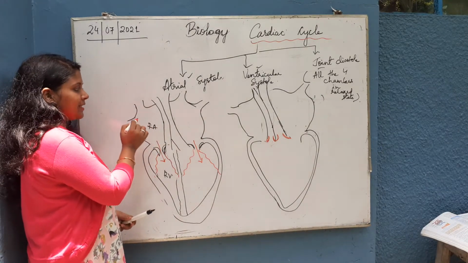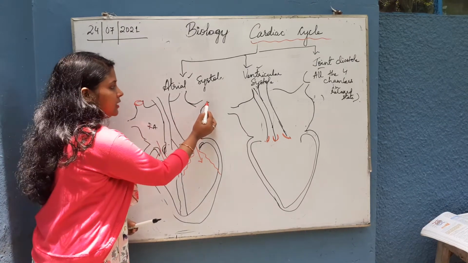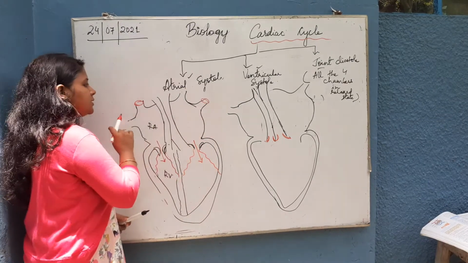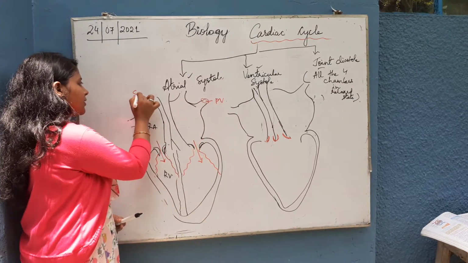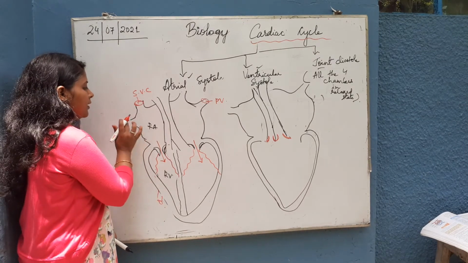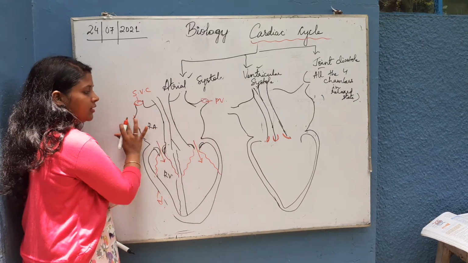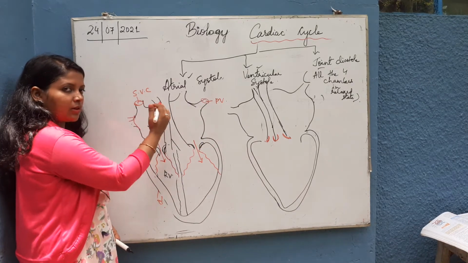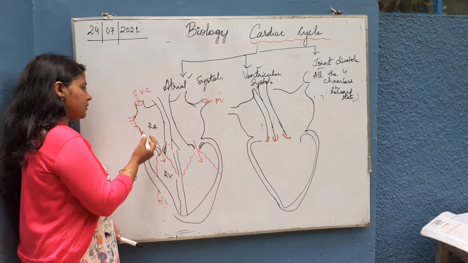Okay, imagine this as the superior vena cava and inferior vena cava, and this one the pulmonary vein. I am showing it like this because through the pulmonary vein it will go to the left lung and here to the right lung.